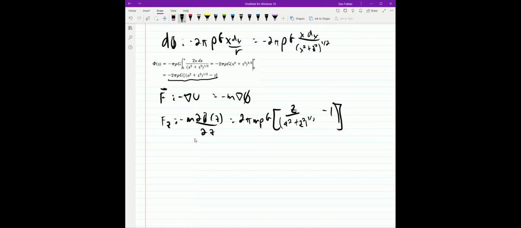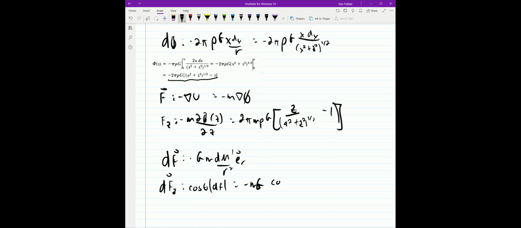So in the second method, we basically find that the differential force element is equal to negative G m dm over r squared, and since all horizontal components again cancel, we just need to find the differential element in the z direction, which is cosine theta dF, which is just negative G cosine theta dm prime over r squared from the above equation.